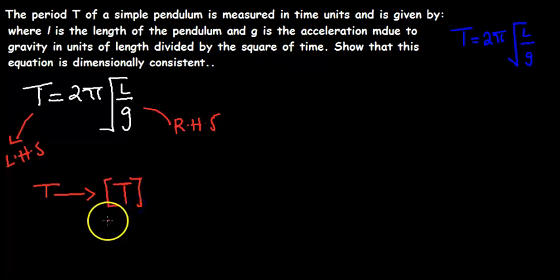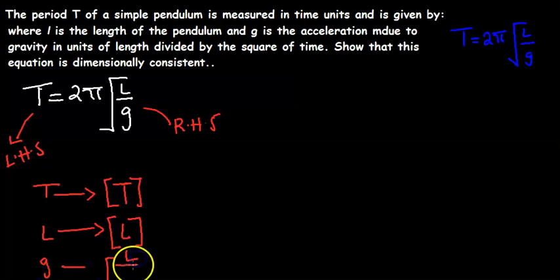What about the dimension of length? Notice that the dimension of length is denoted as L. And here comes the dimension of acceleration due to gravity, which is g. Here it comes as L divided by T to the power of 2, which is the same thing as saying LT^-2.